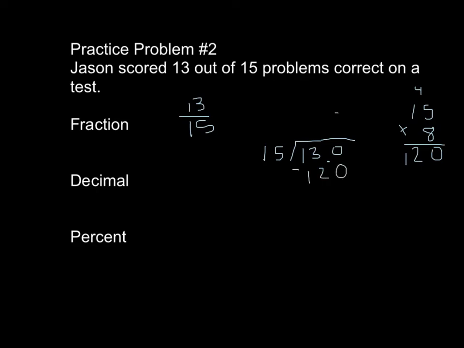And that would be a really good guess. So I can add my 8 above the 0. I'm going to have 10 left over. So I'm going to add a 0 and bring it down. Next, I'm going to guess, okay, about how many times does 15 go into 100? Well, I like to take my previous work and say if 15 times 8 is 120, I'm going to go ahead and take 15.